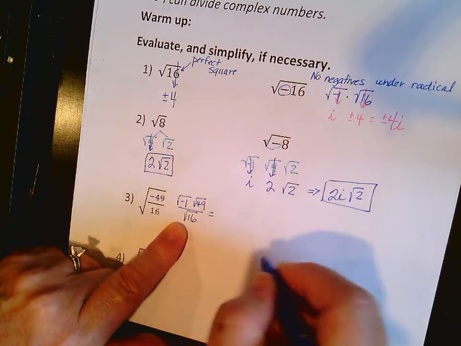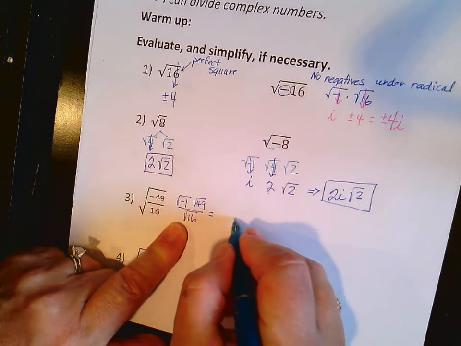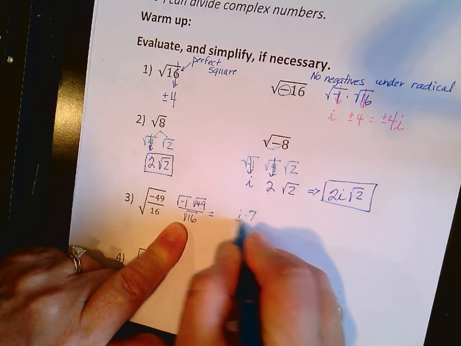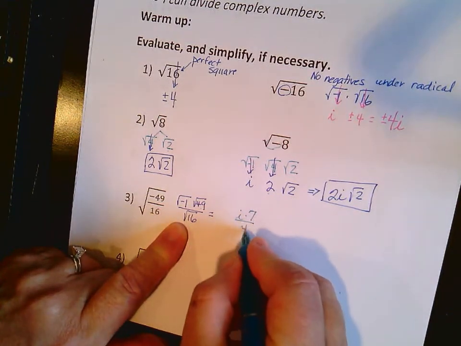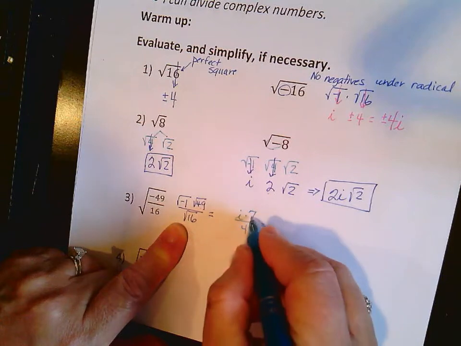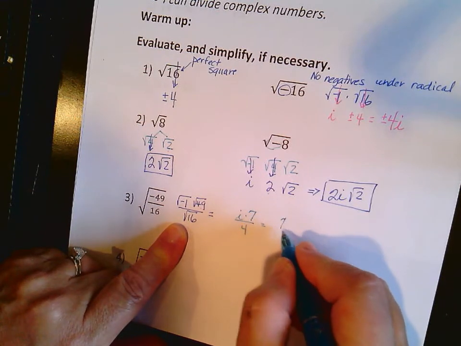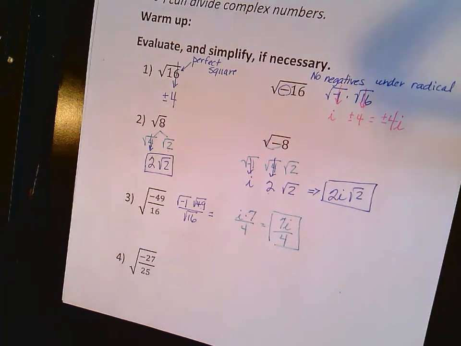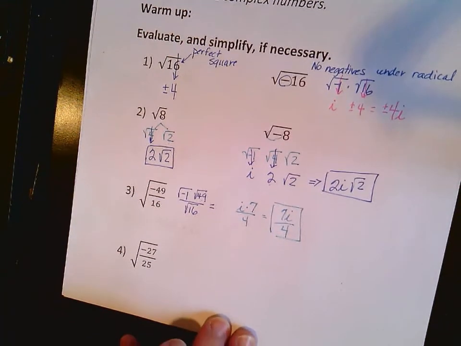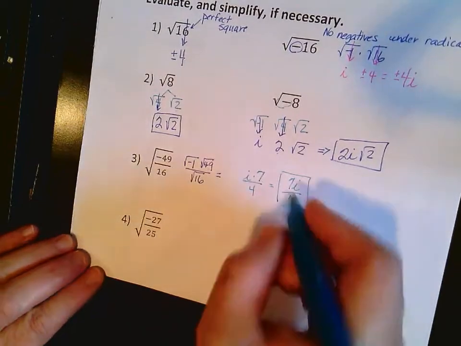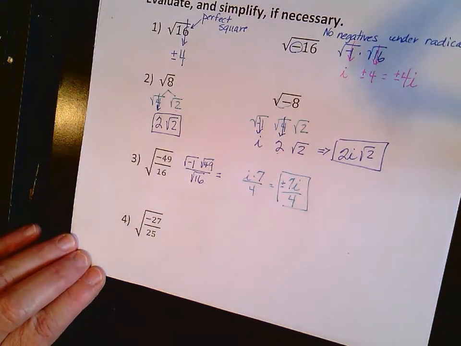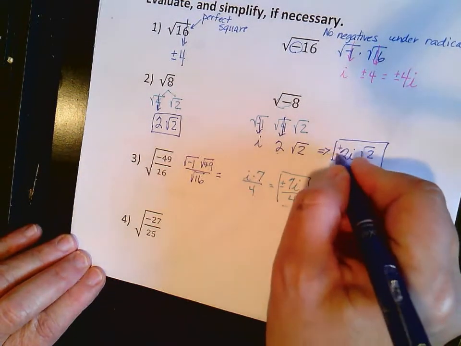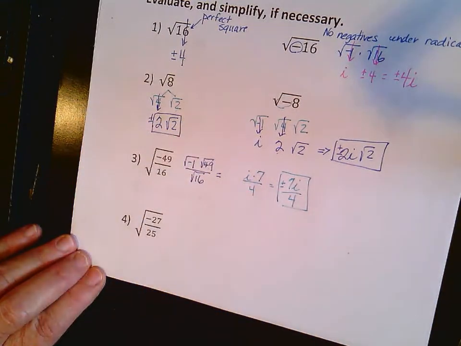Square root of negative 1 is i, so I end up with i times 7. The square root of 16 is 4. But remember, the number goes in front of the imaginary number, so it's 7i over 4. And that's your answer. And remember, when you find square roots, these are all plus or minus. Go back and put those in there. These are all plus or minus.